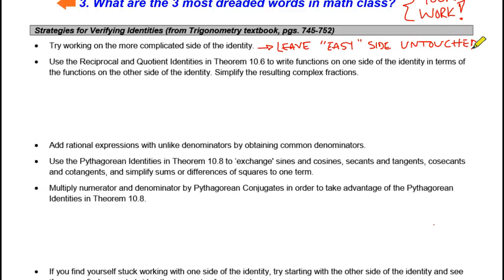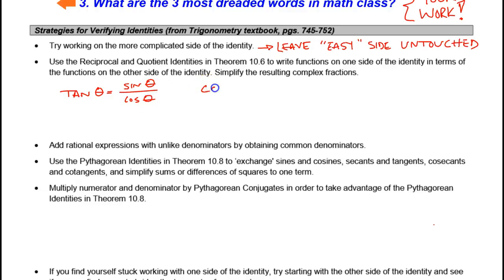Next bullet point. Use the reciprocal and quotient identities in Theorem 10.6 to write functions on one side of the identity in terms of the functions on the other side of the identity. Simplify resulting complex fractions. So what are the reciprocal and the quotient identities? These are ones that we have introduced recently. We know that tan theta is equal to sine theta over cosine theta.